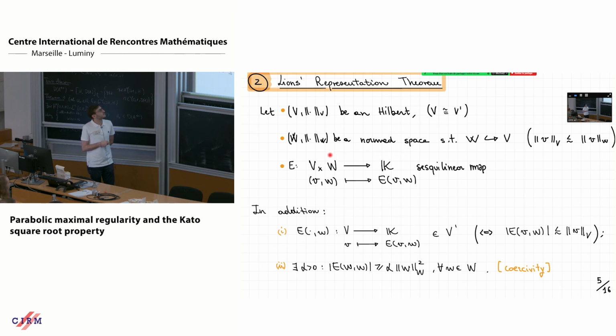So W is just a normed space which is embedded in V, or a pre-Hilbert space, while in the Lax-Milgram lemma we have a sesquilinear form defined on the product of two Hilbert spaces.